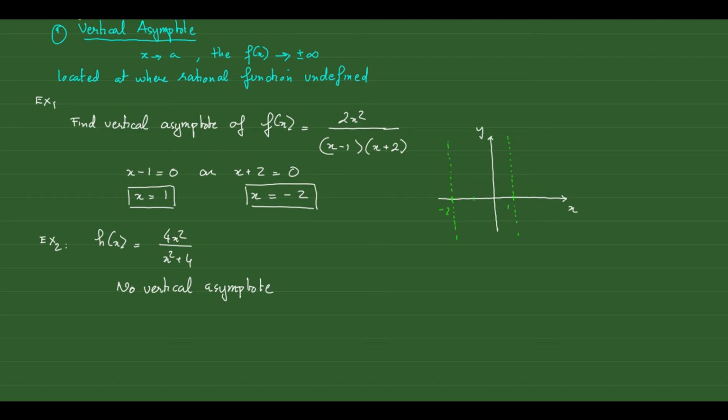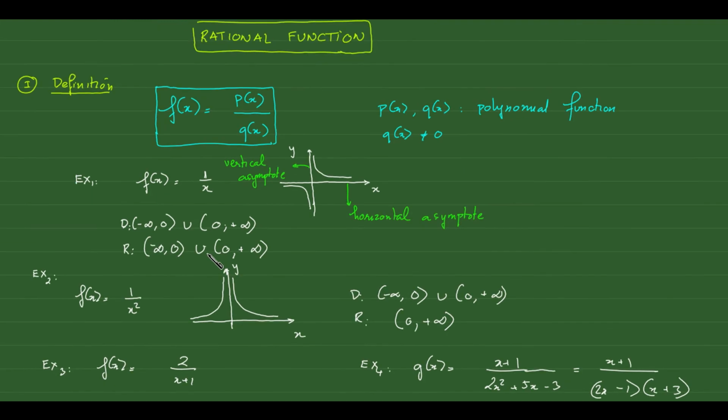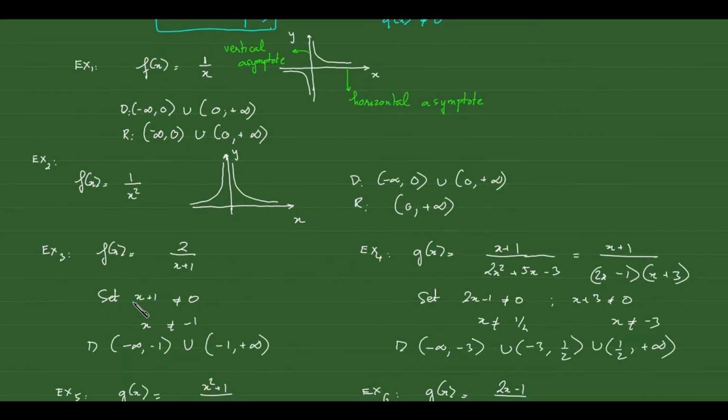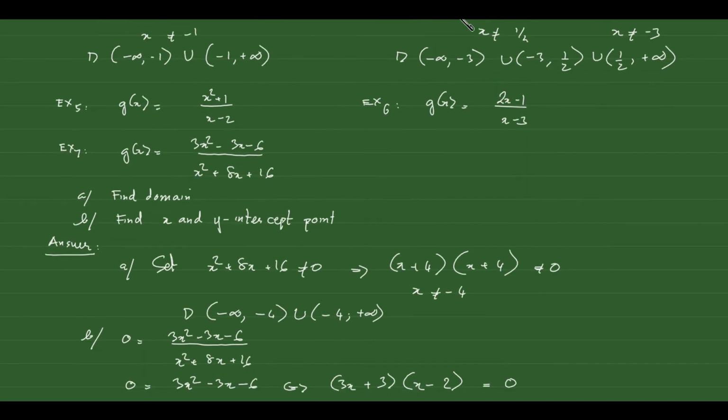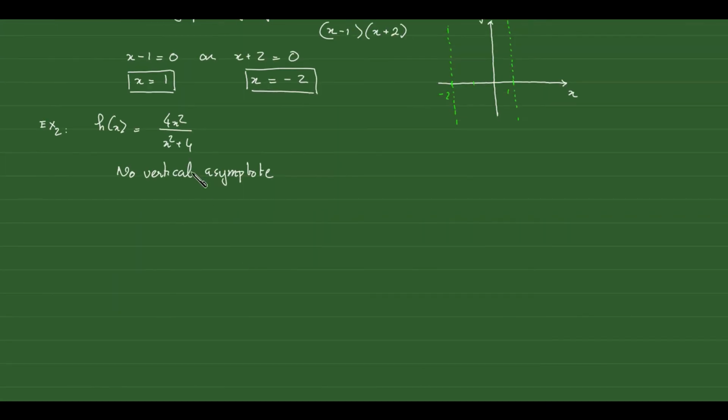It's different from this one, because over here the denominator is 0 and the function is undefined. But here, at 0, 0 squared plus 4 is still defined. So there's no point that makes the function undefined. It means that we don't have any vertical asymptote, since x squared plus 4 is always greater than 0. This is true.